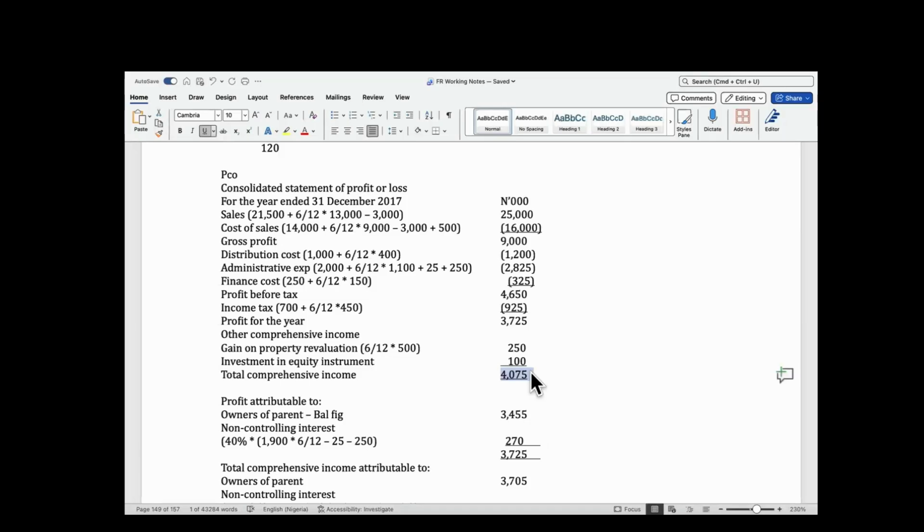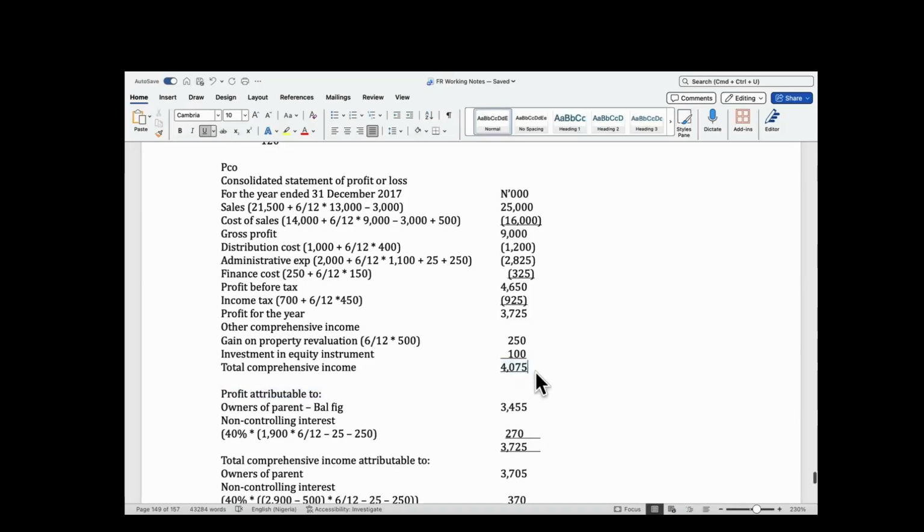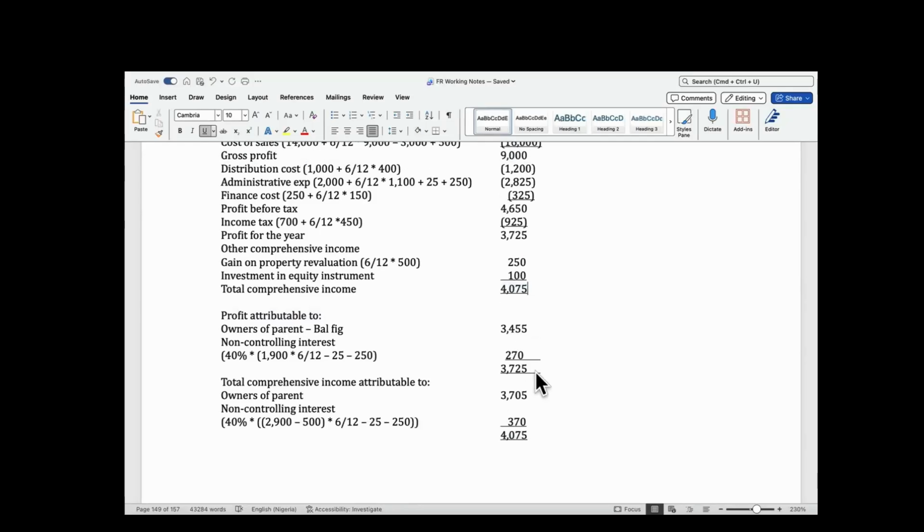Then this total comprehensive income would have profit attributable to, we're going to share it. And the way we do this here is a new thing that you need to try to understand as well. The way we share this group profit, there are two of them. Number one, there is the profit for the year. We are going to share this.